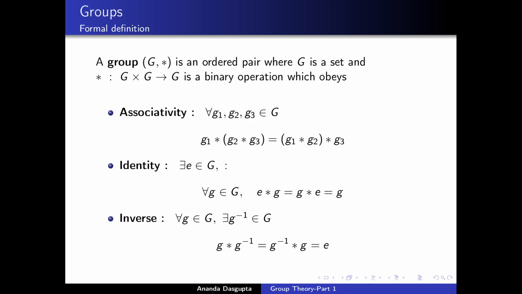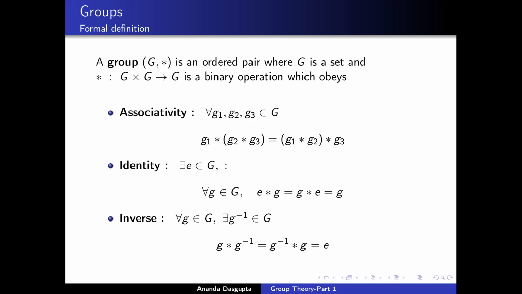This means that the action of every element can be undone, which is something which is obvious as far as symmetry is concerned. You do an operation, the object doesn't change. You undo the operation, the object doesn't change again. So the undoing must very well be a part of the set of symmetry operations.